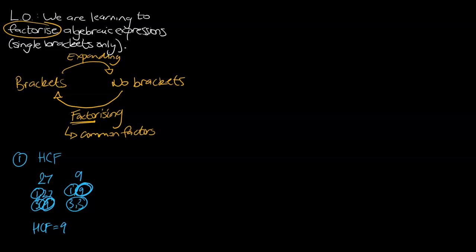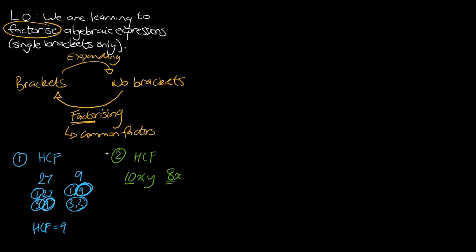So when we look at our questions, we need to identify what the highest common factor is. Maybe they've got other common factors in terms of their letters, and we need to be able to pull all of those terms out. So if we link that to our algebra, highest common factor again. This time around, let's say we've got 10xy and 8x. So we start off with the numbers.